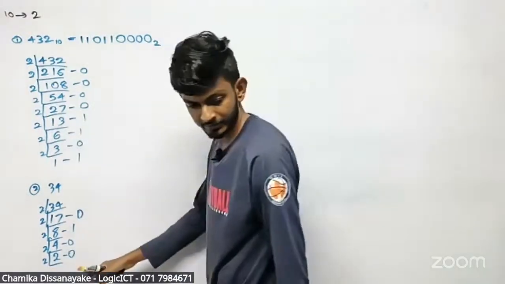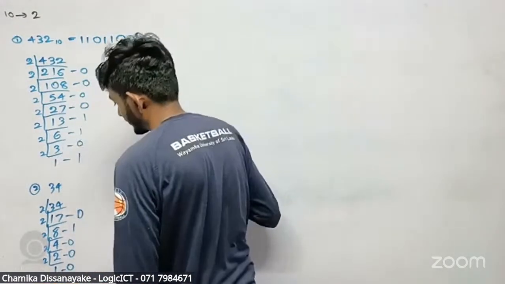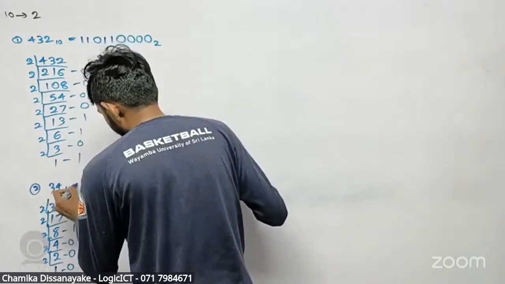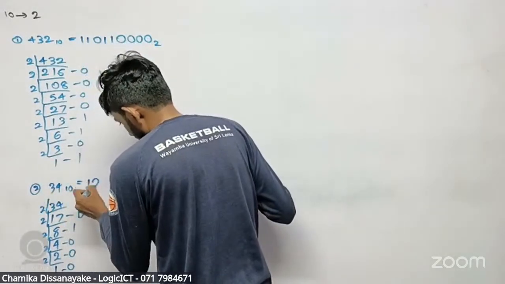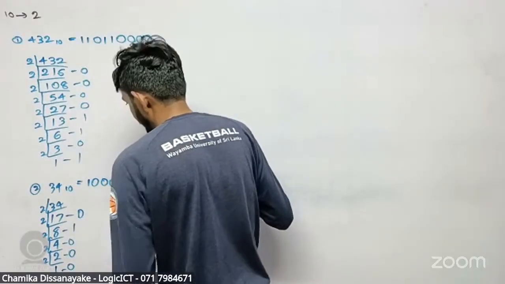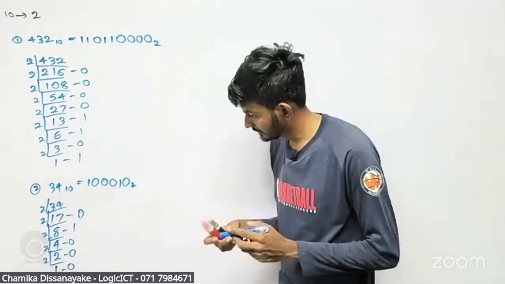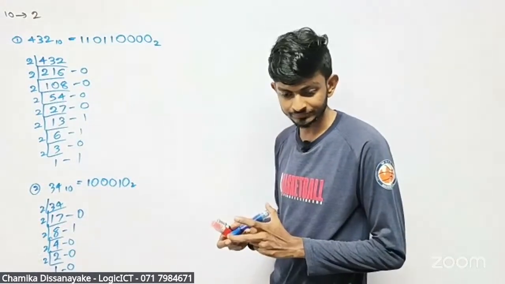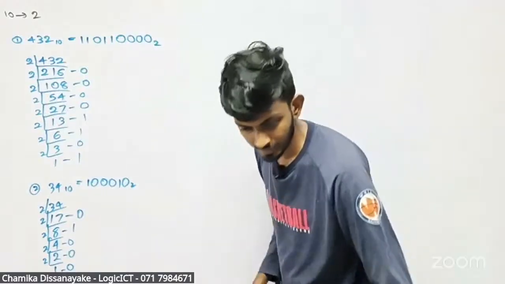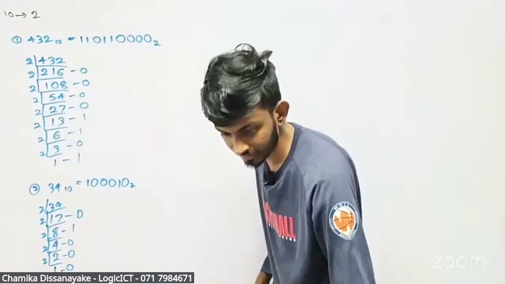Then 1, 0 remainders. So the answer will be 100010 for the second one. Is it okay? Yes, I think you made this correct. Good. So the third one, let's see, 156.